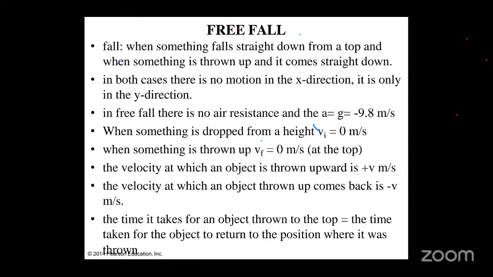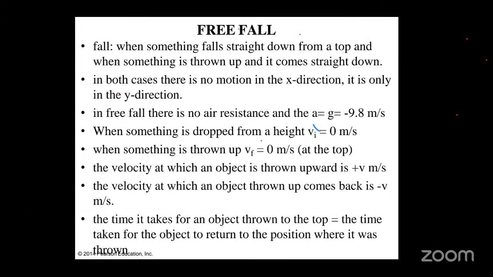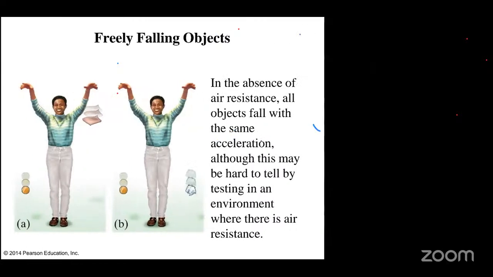If I consider upward motion as positive, the downward motion will be negative. Now, the time it takes an object thrown to get to the topmost point will also be equal to the time the object will take to return to the position from where it was thrown. So these are important points that you need to know when solving problems related to free fall.